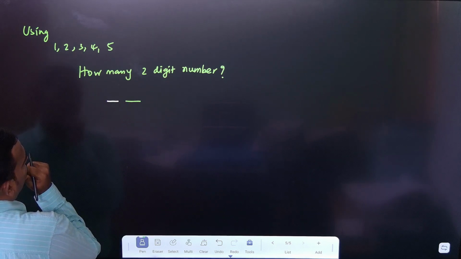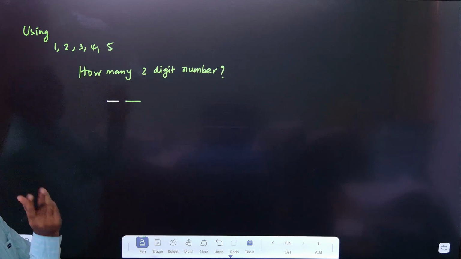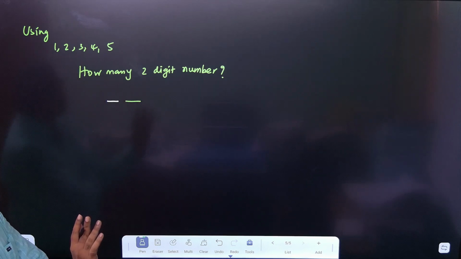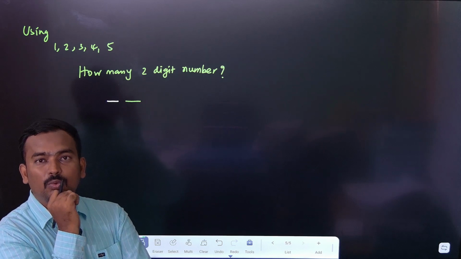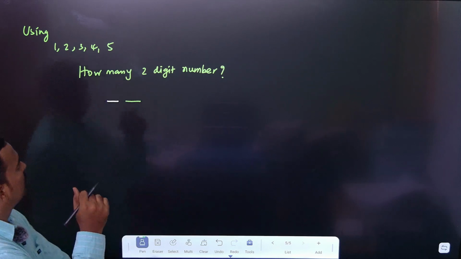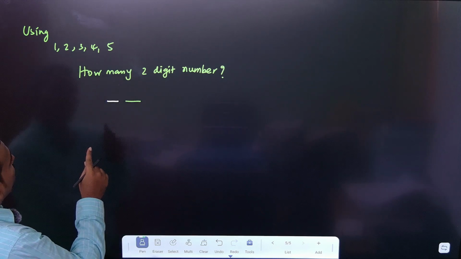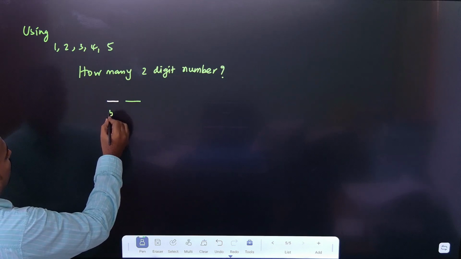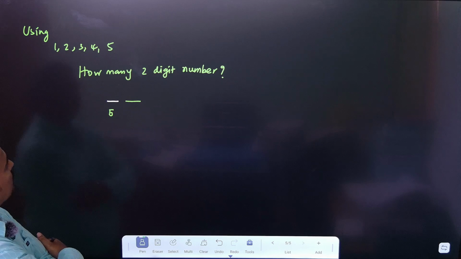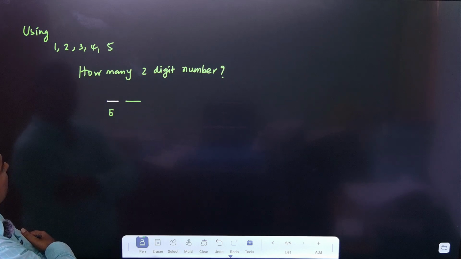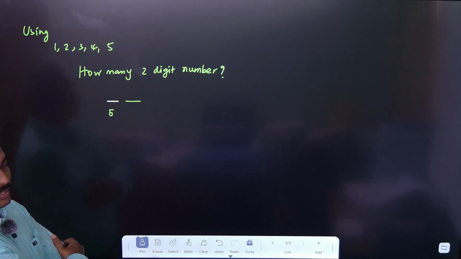So there are 5 digits, and only 2 places, right? Then what can we do? So 5 possibilities for the first place, that means the 10th place. There is no restriction because 0 is not there, so you don't need to worry about that.